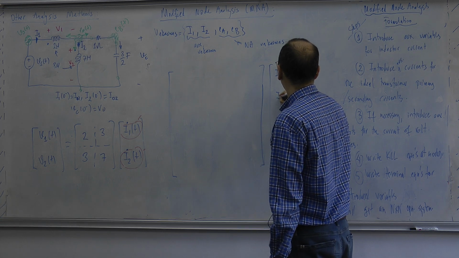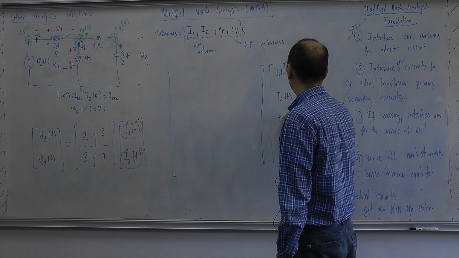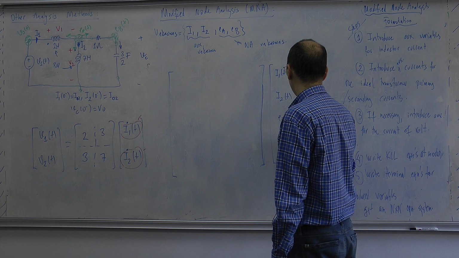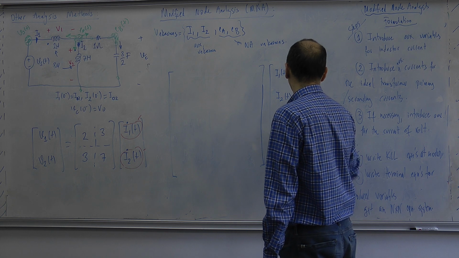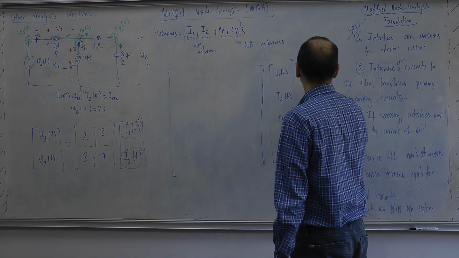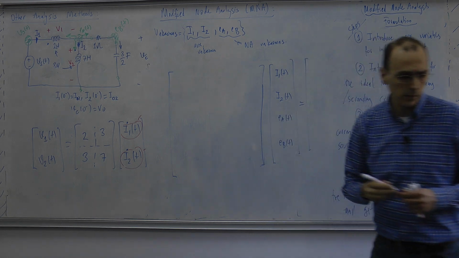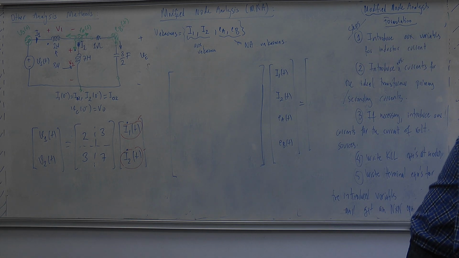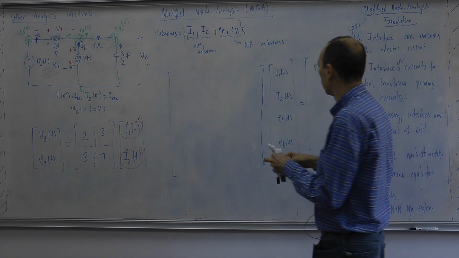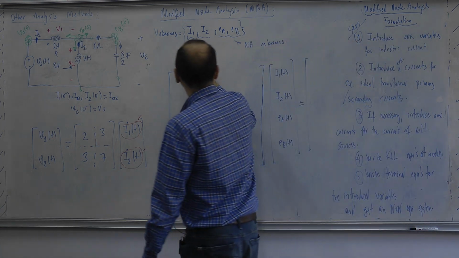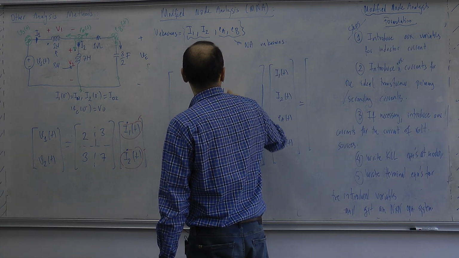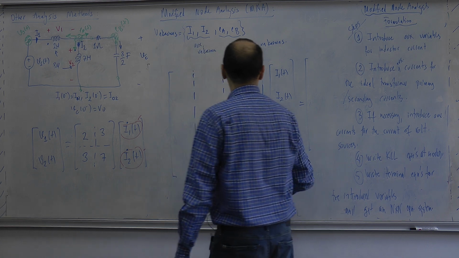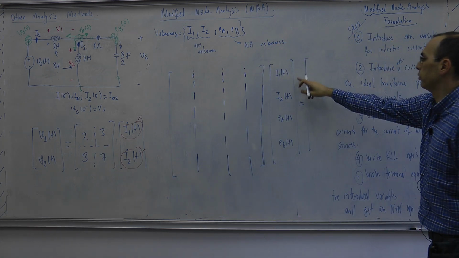I1 of t, I2 of t, EA of t, EB of t, and that is it. Okay, so I need 3 separator lines, 1, 2, 3, 4 columns for this.